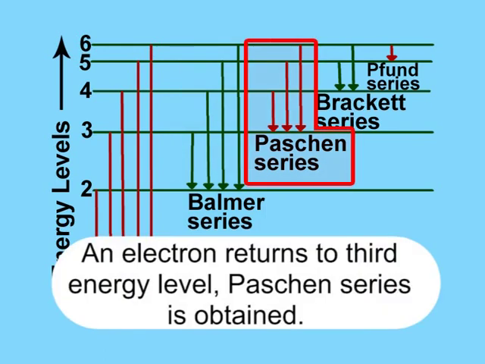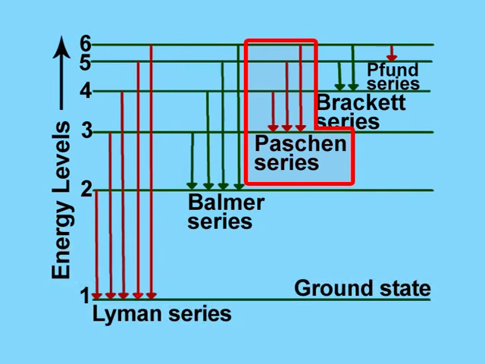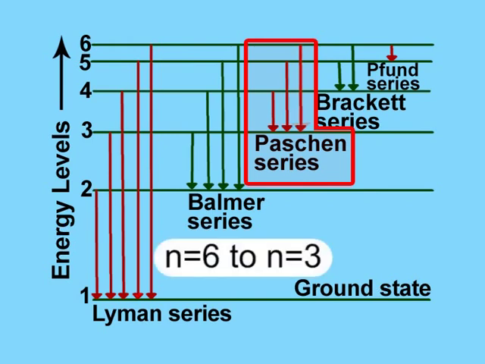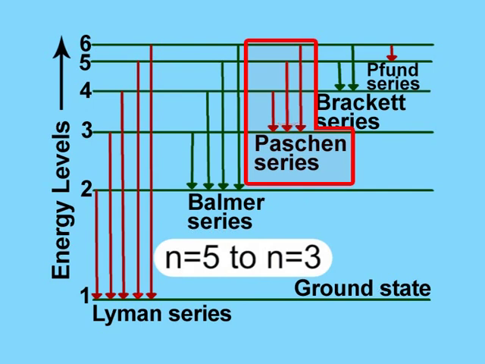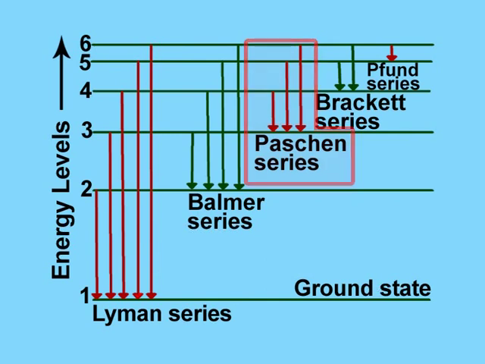When an electron returns to the third energy level, Paschen series is obtained. In Paschen series, transition of electron from n equals 6 to n equals 3, n equals 5 to n equals 3, n equals 4 to n equals 3 is shown.